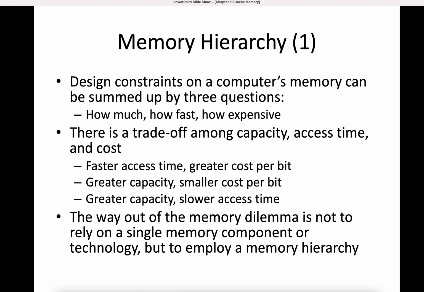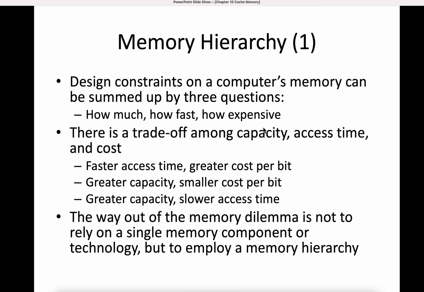After we have looked into the characteristics of a memory, the next thing that we want to look at is the concept of memory hierarchy. Now, when we design a computer memory, or when we discuss the memory system, normally the system can be summed up by 3 questions: how much, how fast, and how expensive.